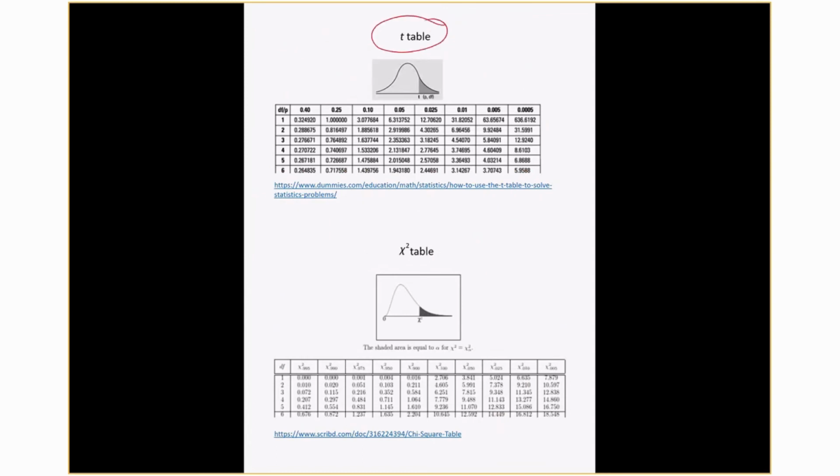Remember how our t-table was set up. It had the number of degrees of freedom, because remember we've got to have that parameter nu, which is equal to n minus 1, which is equal to the number of degrees of freedom. And then across the top, we've got these numbers here that show this portion of the curve.